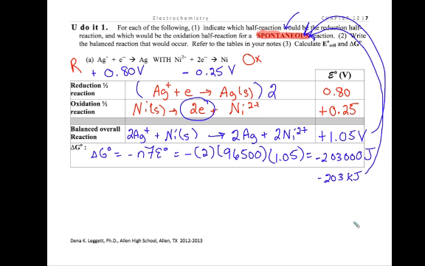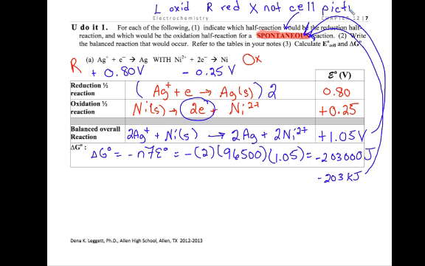Now, we don't want to have to draw cells all the time, so scientists came up with a shorthand notation. Now, when you do cells, there's not always a convention that left is the oxidation and right is the reduction. That's not always the convention, so it's not always true with cell pictures.